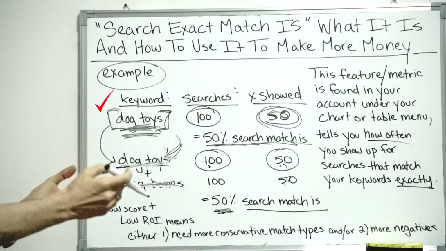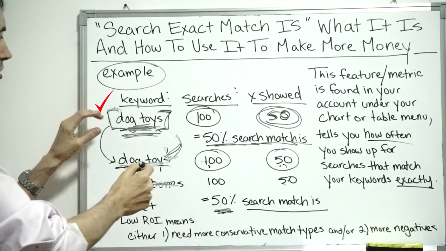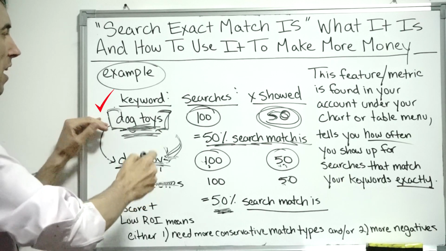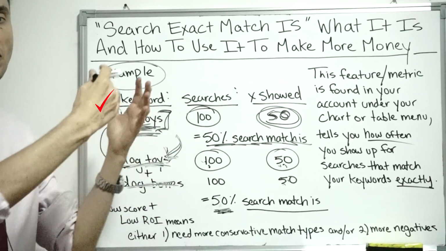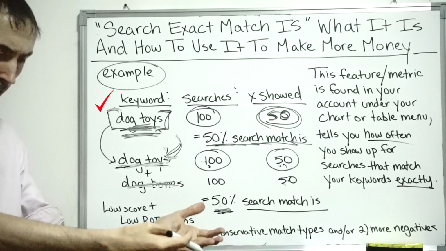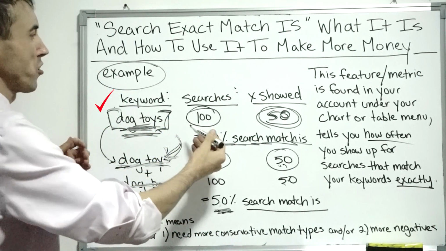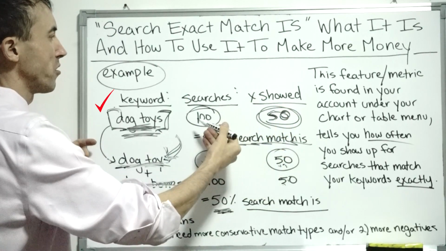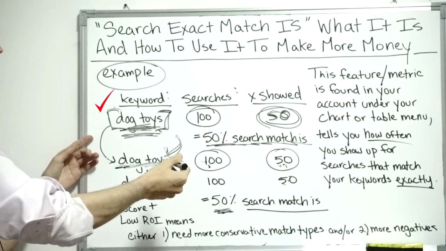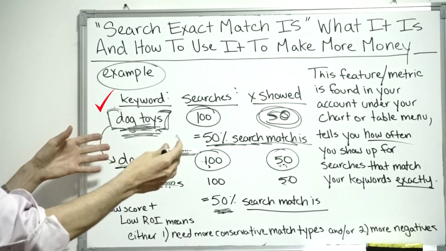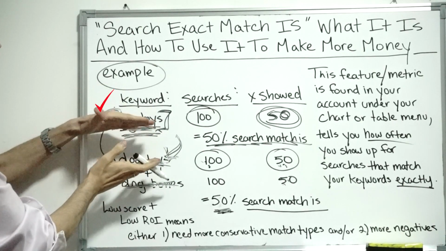So it's not really helping you do anything because you only show up for dog toys, and in that case, you could just have looked at the search impression share, because search impression share shows you how many times out of 100 searches that you show up, and effectively there's nothing to weed out, if you will.